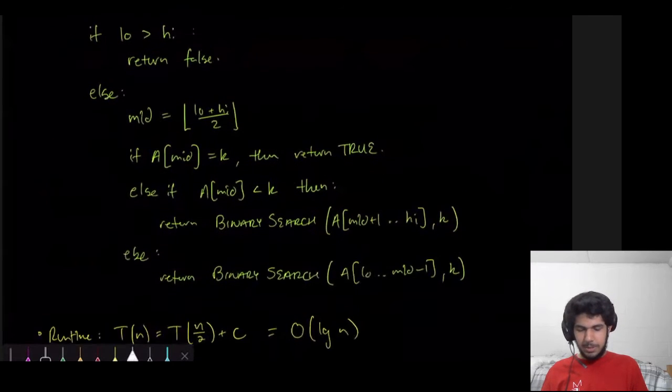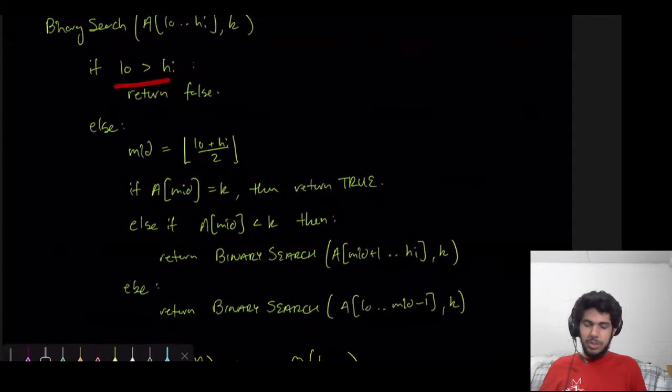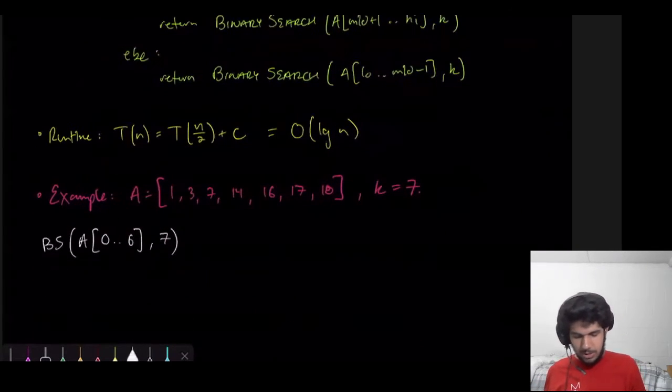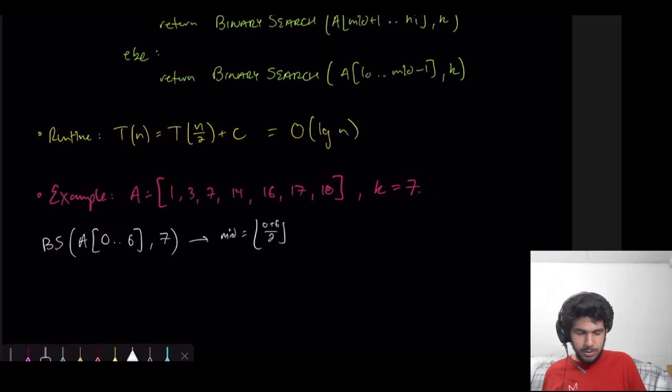Let's scroll up here. Is low greater than high? No, 0 is not greater than 6. Then we need this variable mid. Mid is going to be equal to the floor of 0 plus 6 over 2, which is equal to 3.